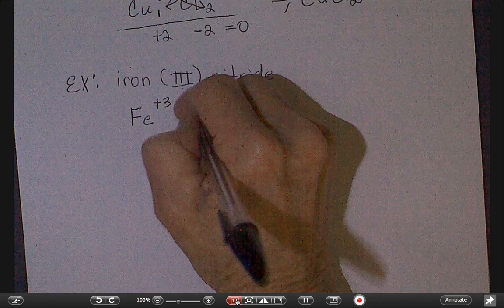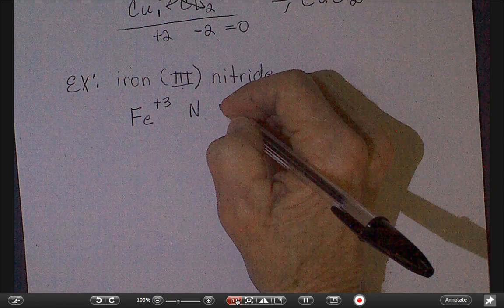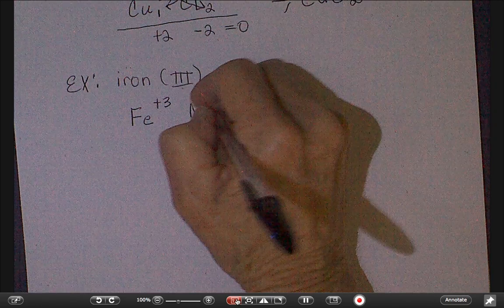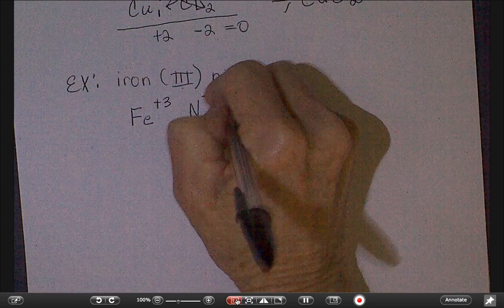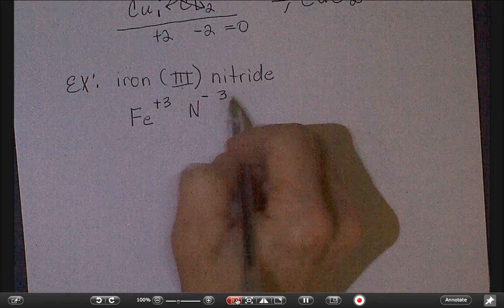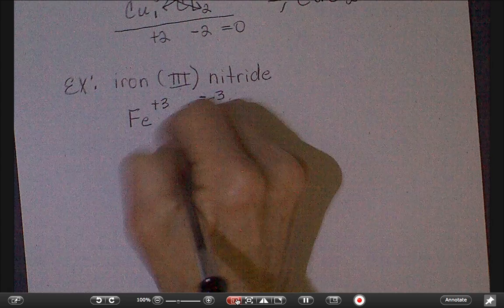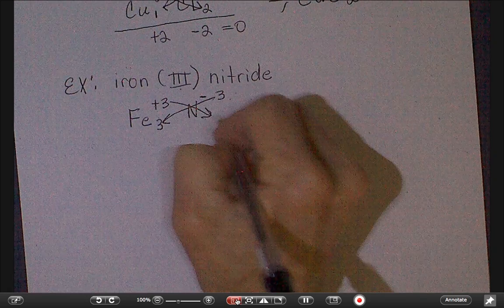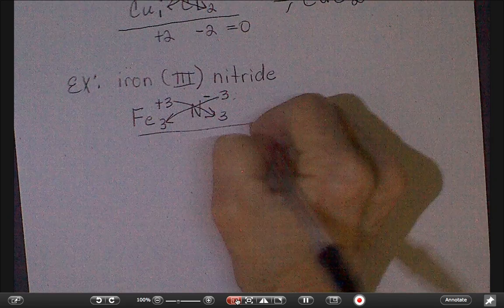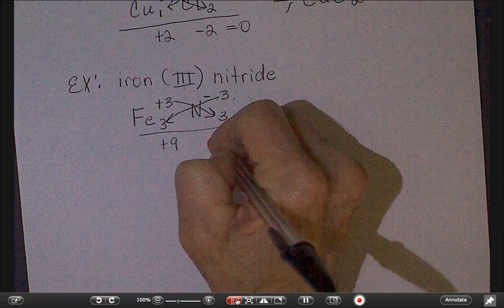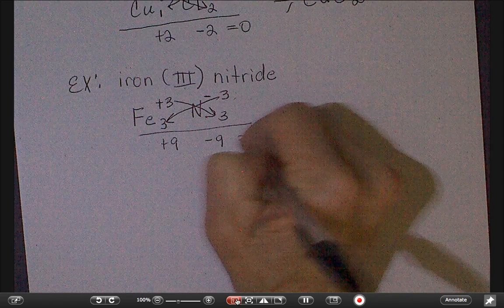Nitrogen, symbol is N. Look where it lives up there. Minus 3. Excellent. Okay, can you see that it's a 1-to-1 ratio? So 3, do the math, is a plus 3, minus 3 equals 0.